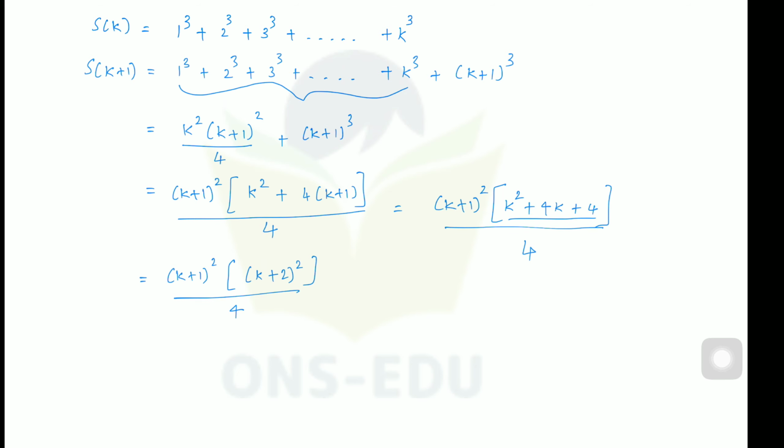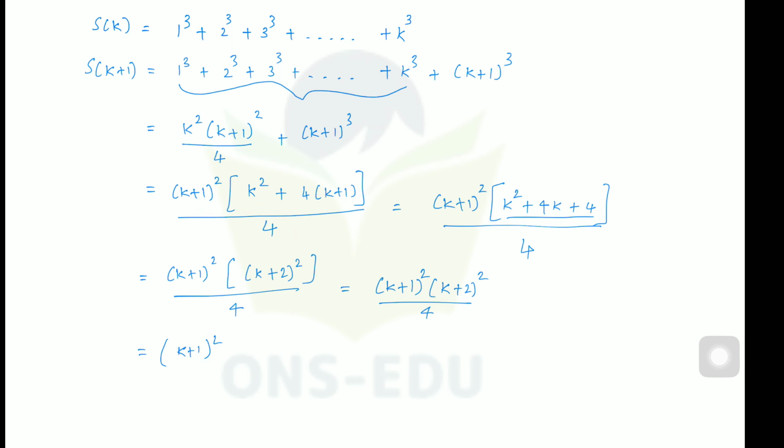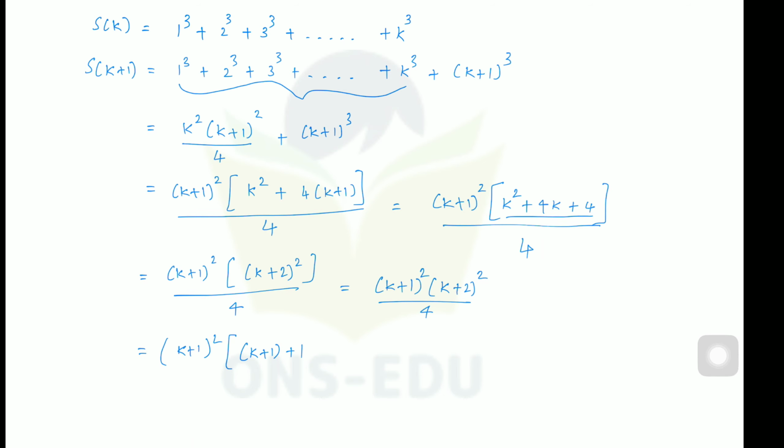So now this formula is nothing but k plus 1 whole square times k plus 2 whole square by 4. So now this can be written as k plus 1 whole square times k plus 1 plus 1 whole square by 4.